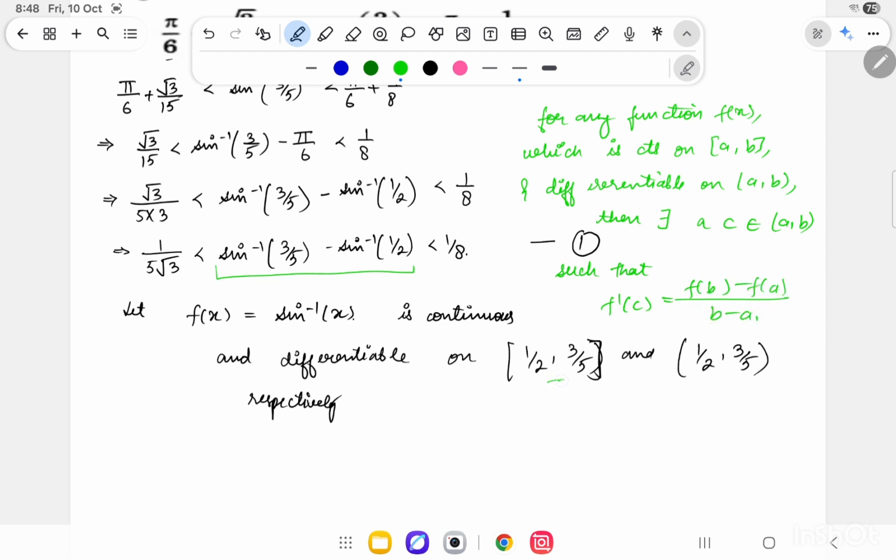So we got this interval using this relation, that is equation number 1.